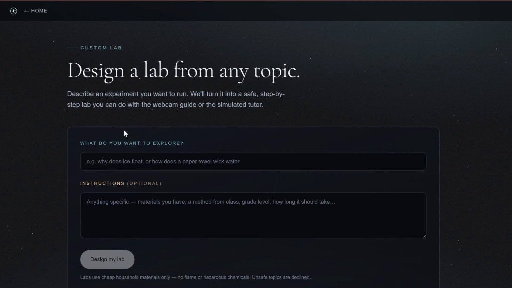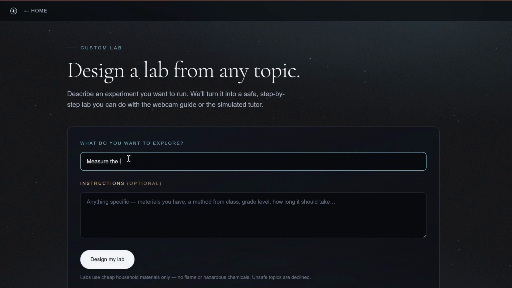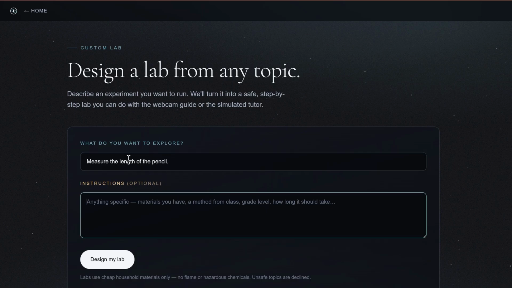In the custom lab, you enter what you want to explore and you enter instructions. For the sake of simplicity, I'm going to enter, measure the length of the pencil. And for instructions, you can give an instruction or you don't necessarily have to. But for the sake of simplicity, again, I'm going to give an instruction. Step one, get a ruler.